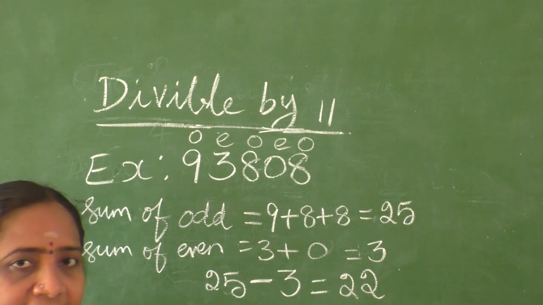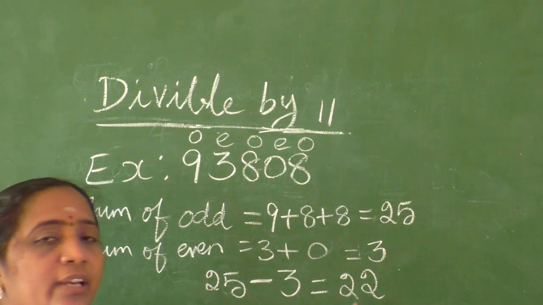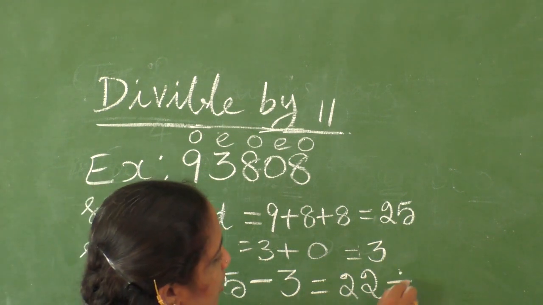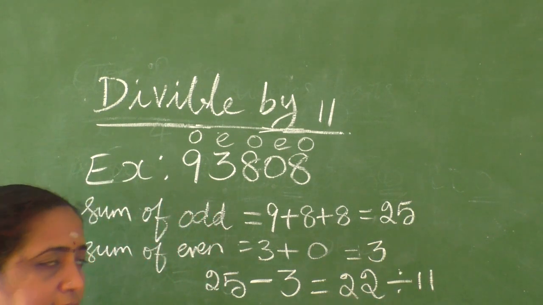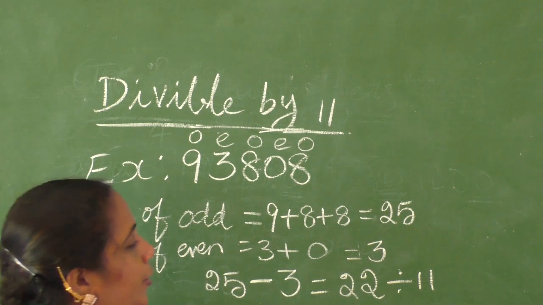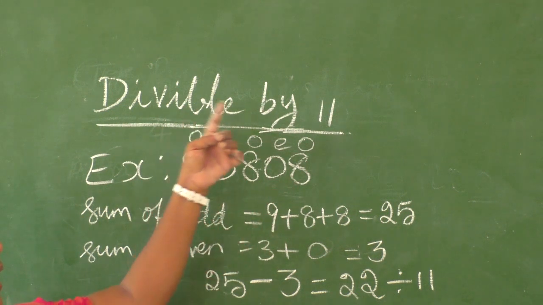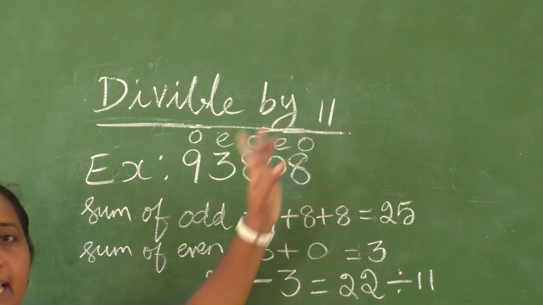Okay, what is the next condition? This difference will be divisible by 11. So 22 divided by 11, 2 times it will come, no? So yes, this whole number will be divisible by 11.